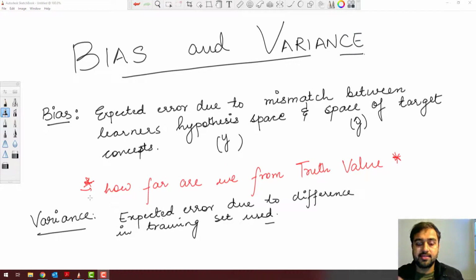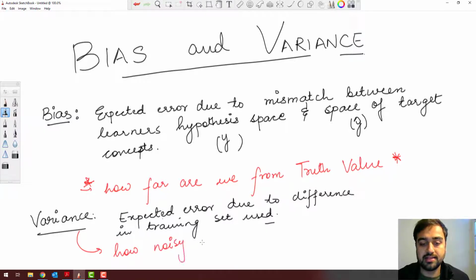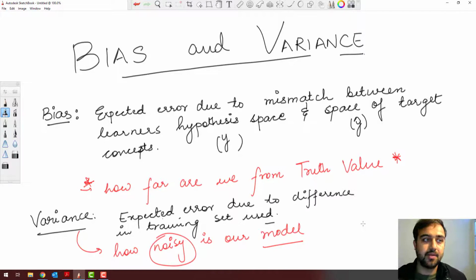Variance is defined as our expected error due to the difference in the training set used, right? If I want to express it in a simpler definition, I would say that variance is basically how noisy is our model, right? By noisiness, I mean, let's say we're talking about a particular data set.